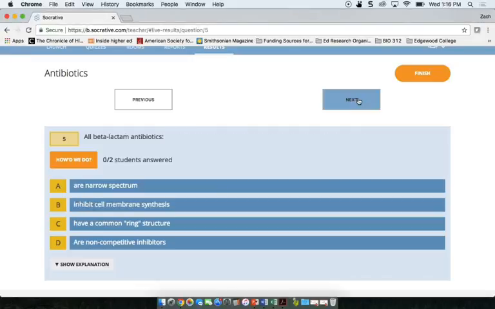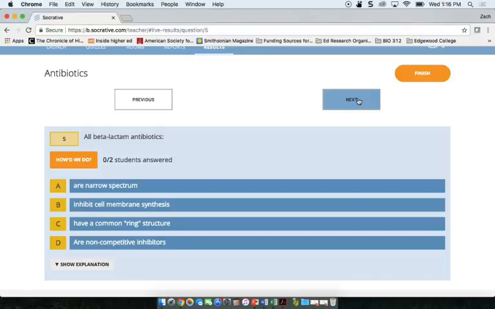All right, all beta-lactams are narrow spectrum, inhibit cell membrane synthesis, have a common ring structure, or are non-competitive inhibitors. A, B, C, or D. Oh, isoniazid.